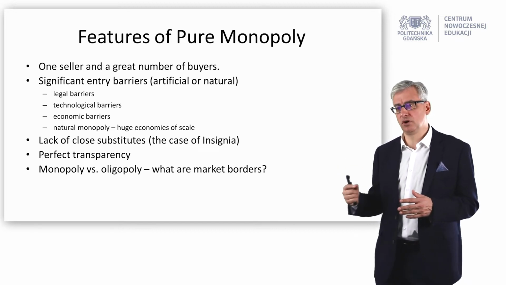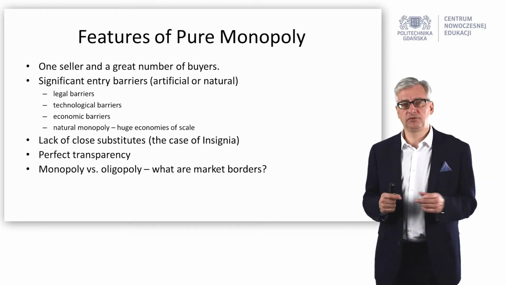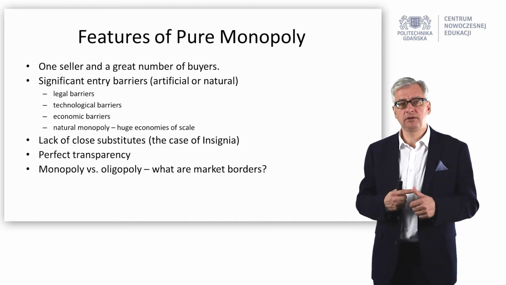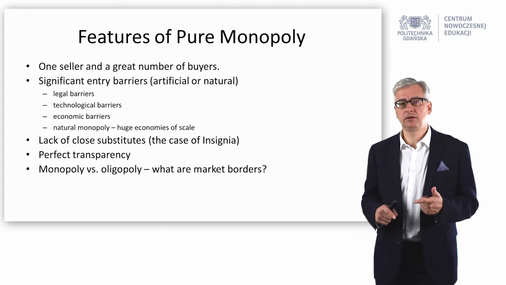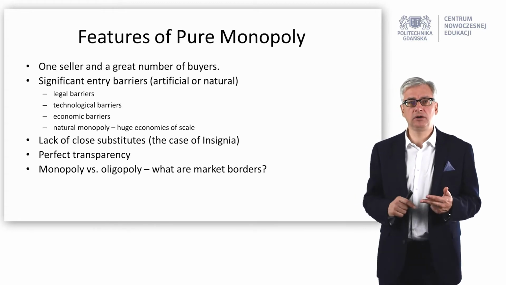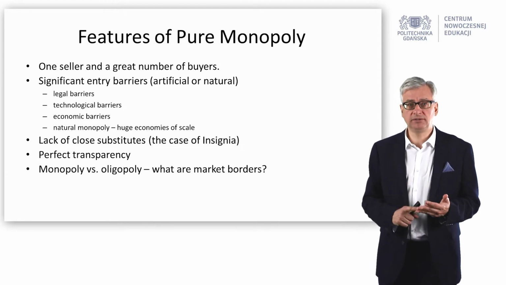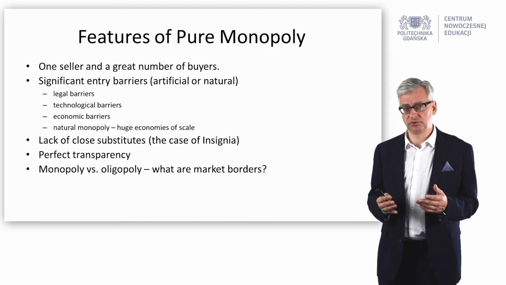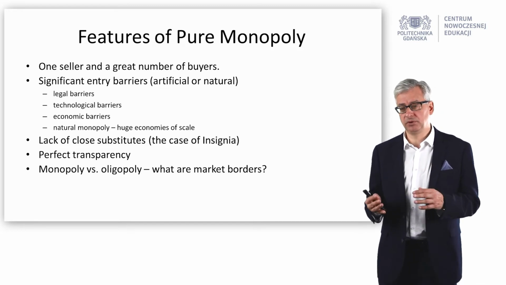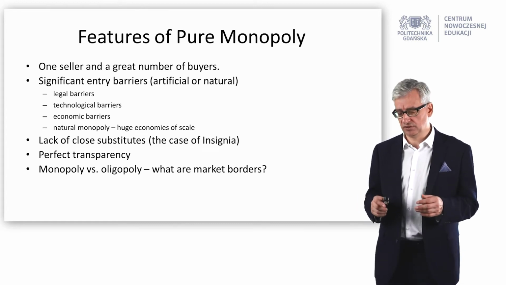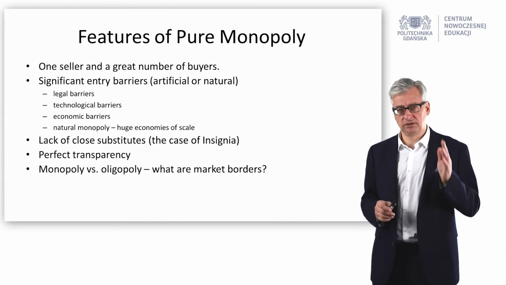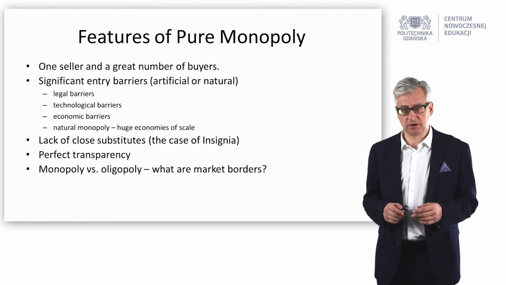Because if you want to go from Gdańsk to Warsaw, for instance, you can take a train, but you can also take a plane, you can use a car, you can use a bus. So there are other options. Okay? So is it monopolist or is it oligopolist? This is always the question where we set the borders for the market.